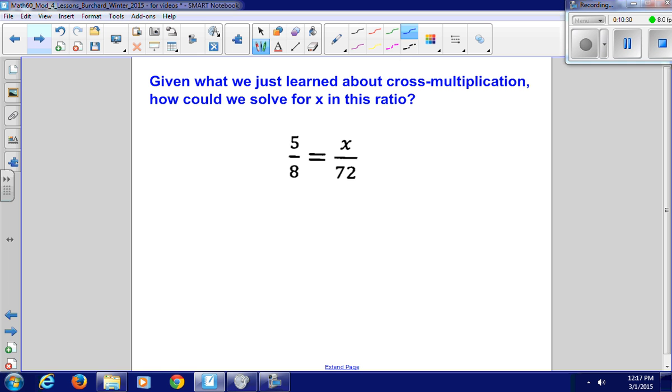If you think about cross multiplying, what that means is if this is going to be a proportion, if I multiply these two together, it better give me the same answer as if I multiply these two together. Well, that just means 8x better be equal to 5 times 72, which would be 360.